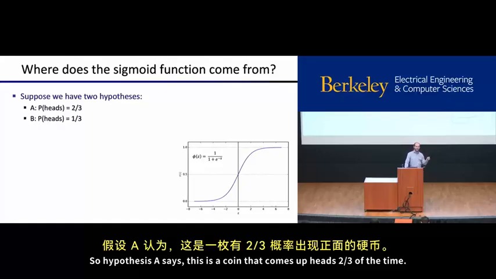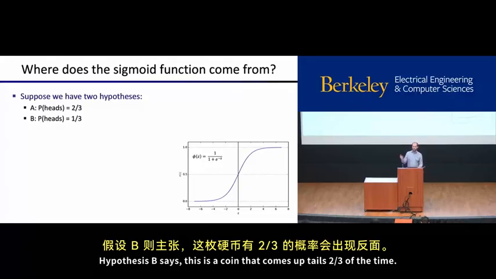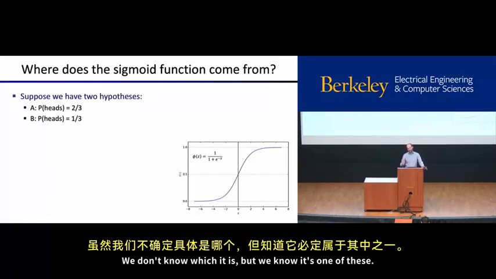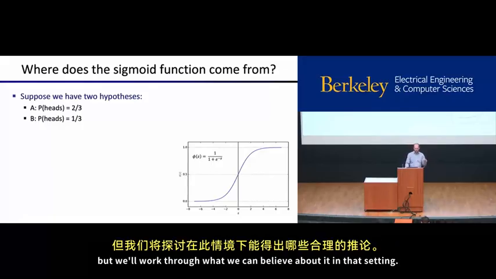So hypothesis A says, this is a coin that comes up heads 2/3 of the time. Hypothesis B says, this is a coin that comes up tails 2/3 of the time. We don't know which it is, but we know it's one of these. Kind of a contrived problem, but we'll work through what we can believe about it in that setting.